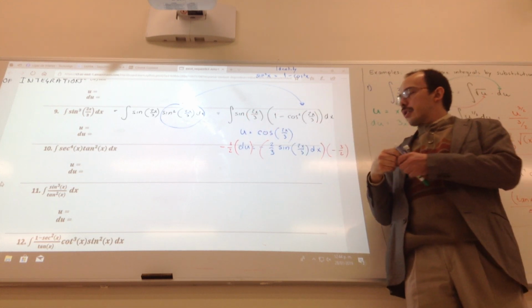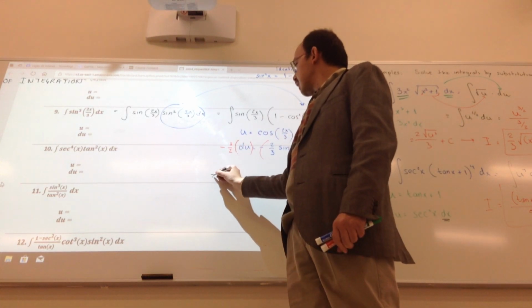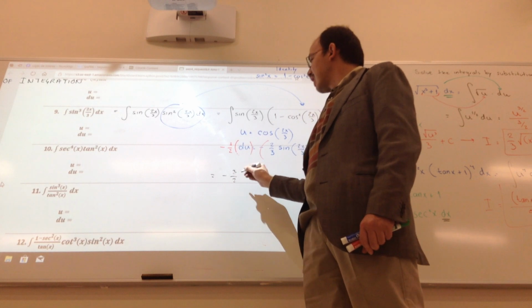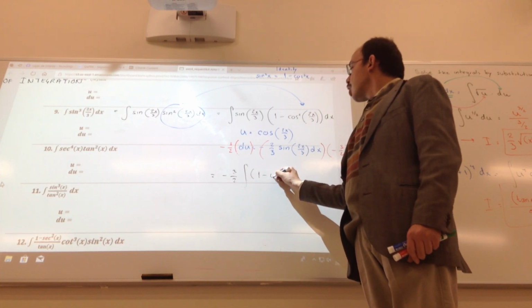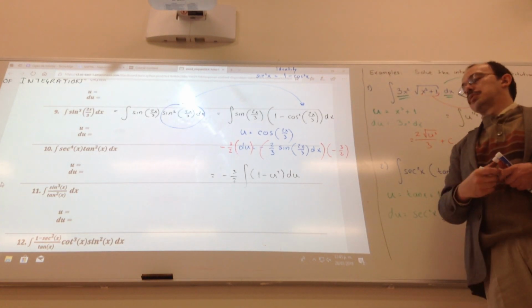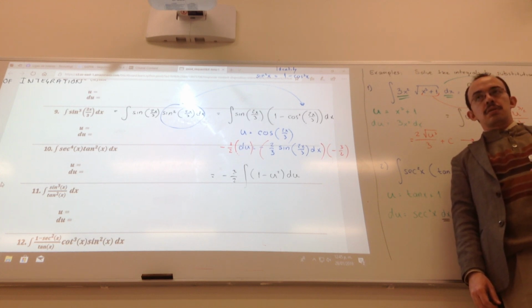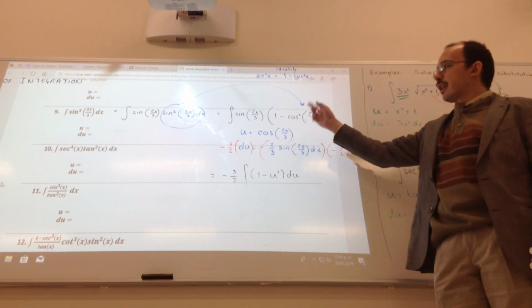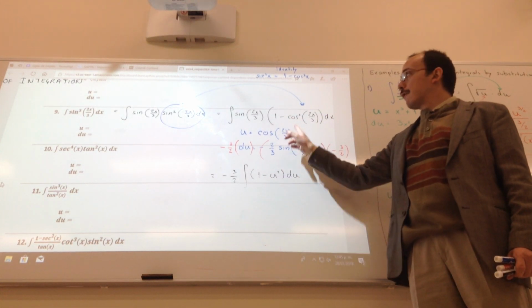So my new integral is going to be the coefficient, which is minus 3/2. You can put it outside. Integral of 1 minus u squared du. So I didn't separate here like in the previous one, but I applied u du. Still fine, but be careful.